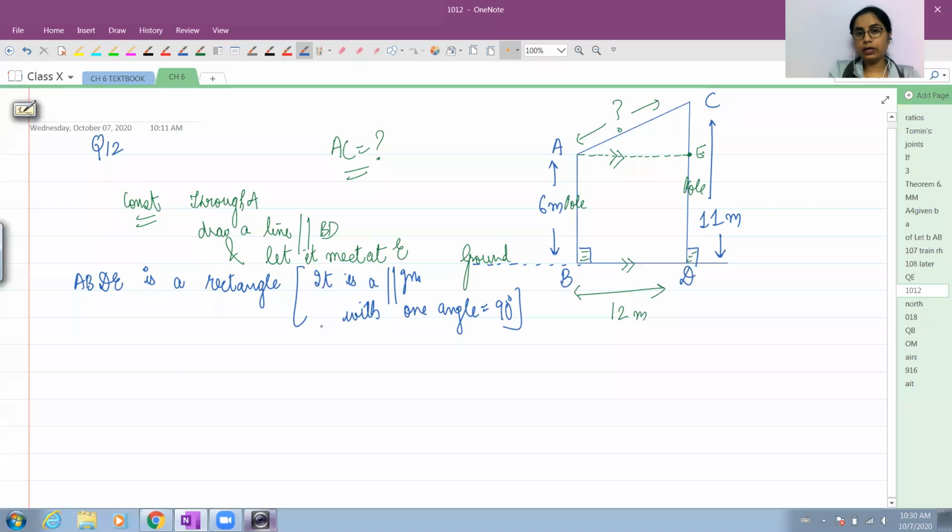And this will help you write down the measures of all the opposite sides. So AB will be equal to ED. This will be 6 meters. So you can just label that in the diagram here. Opposite sides of a rectangle are equal. Similarly, AE will be equal to BD. This will be equal to 12 meters each.